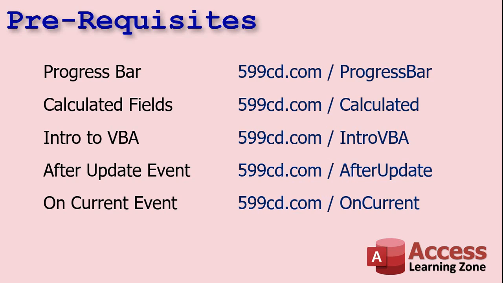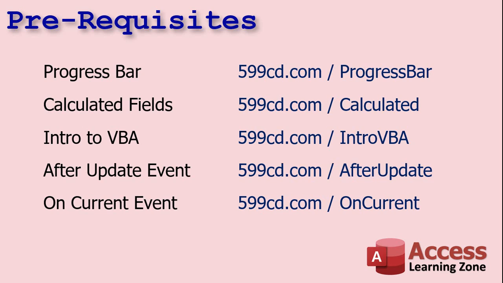Now, before we get started, I've got some prerequisites for you. First, go watch my progress bar video. I show you how to create your own progress bar. That will help you when we build this one. You're going to need to know how to make calculated fields, calculated query fields. That's where you take one field and it's based on the values in other fields. This is a more advanced video, so you will need to know some VBA.